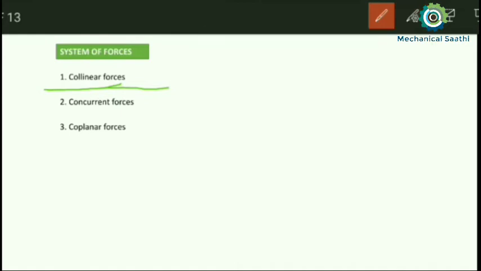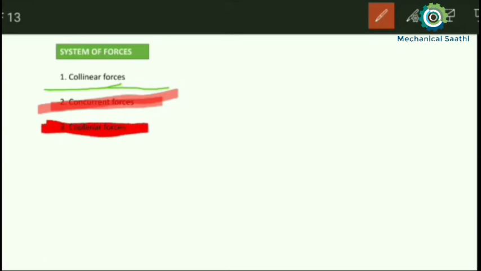Concurrent means if all these forces are coming from a single point or meeting at a single point, or the lines of action of the forces are meeting at a single point, then that type of system is known as concurrent force. Likewise coplanar force, if all these forces are in a single plane, then that type of system is known as coplanar force.